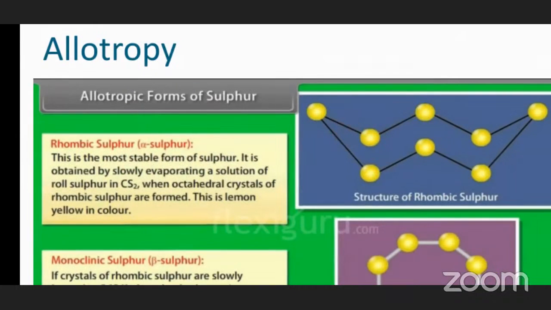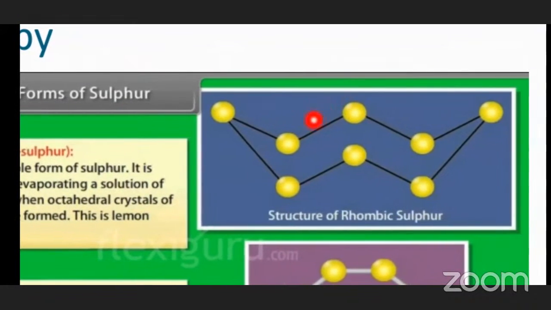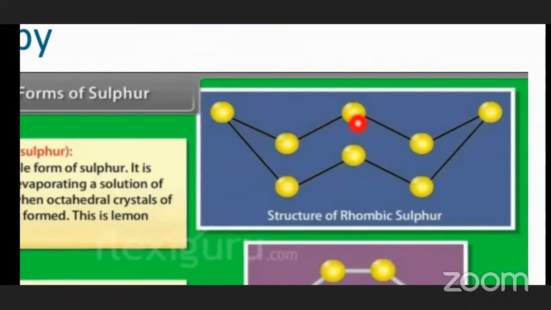This is the structure of rhombic sulfur, that is alpha sulfur. How many sulfurs are given here? 1, 2, 3, 4, 5, 6, 7, 8. That means what?